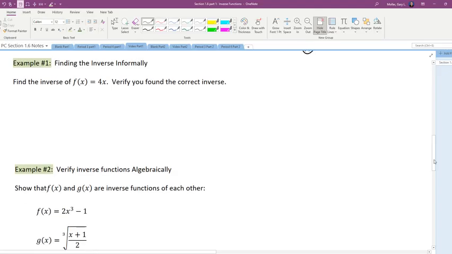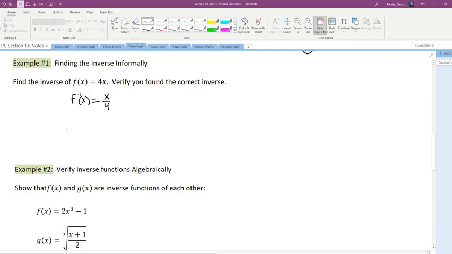All right. Example 1. Let's repeat what we did in the warm-up. Find the inverse informally. Verify you found the correct inverse. So this is saying I'm going to take some number and multiply it by 4. And so if I want to find the inverse of that, I would take some number and divide it by 4.